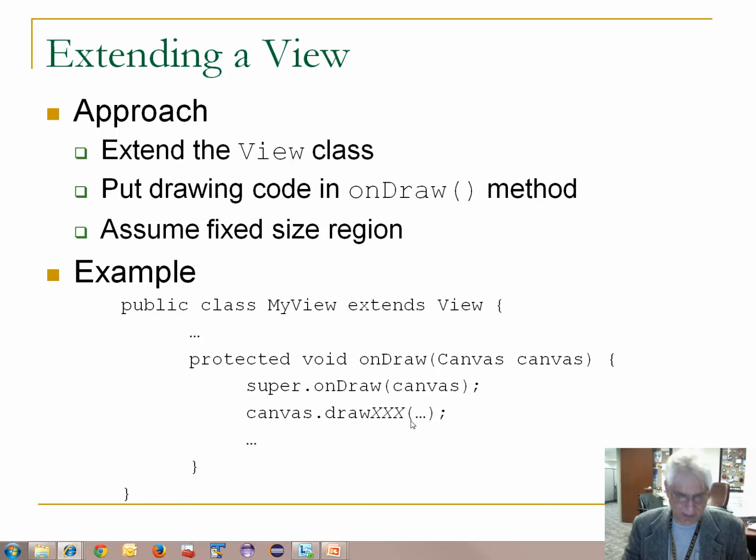So that's exactly what we're looking at here. We're handed this and we invoke methods on this object of type Canvas that we're handed, and this is where the drawing takes place. And the methods, as you'll see, and we'll look at several of them in just a couple minutes, are drawRect, drawCircle, drawBitmap, with appropriate arguments.